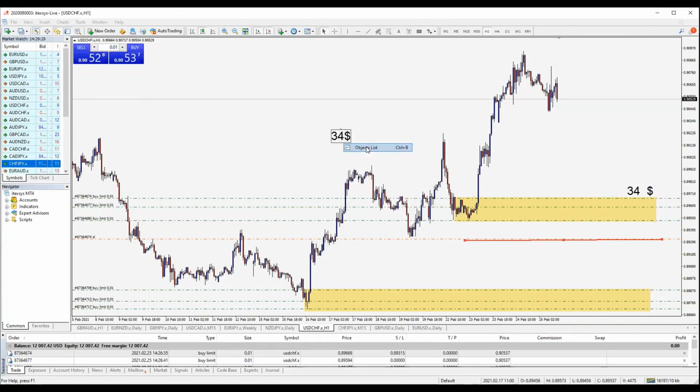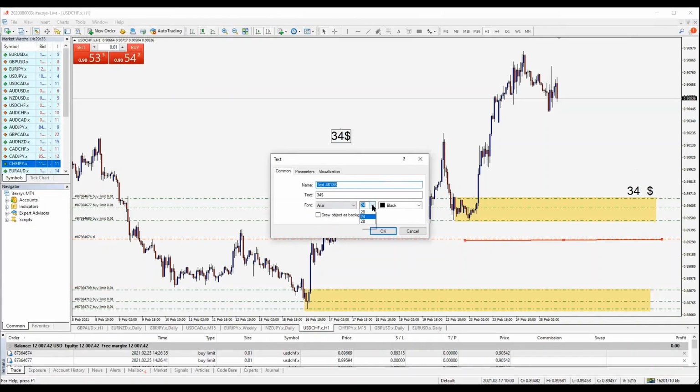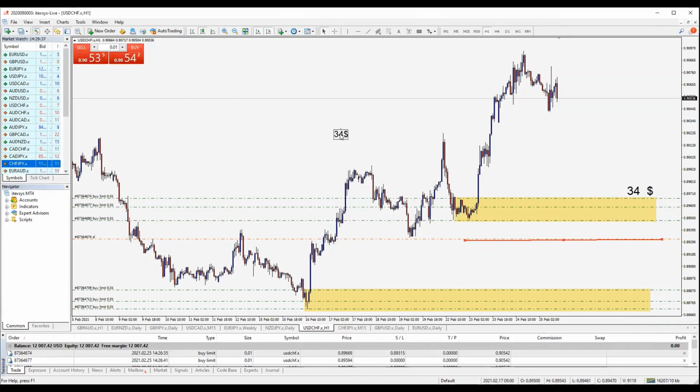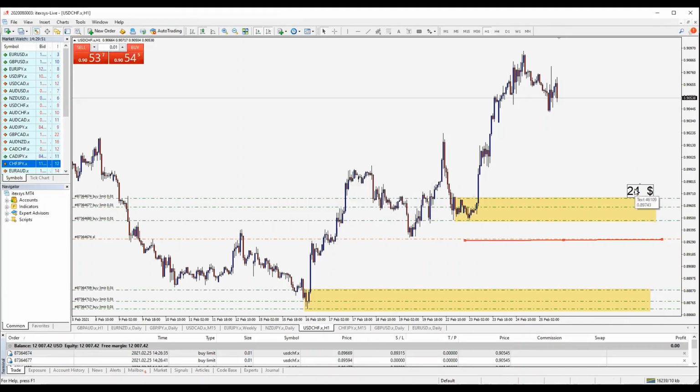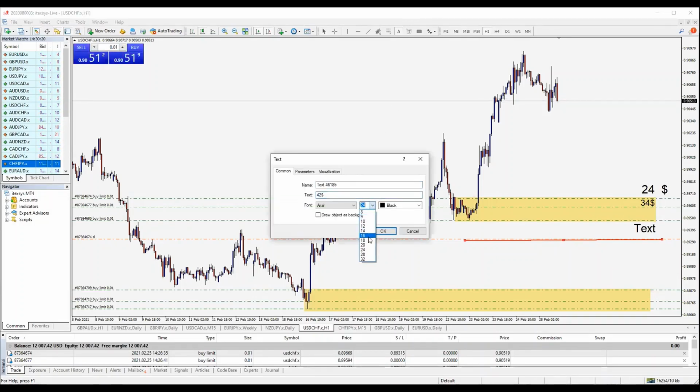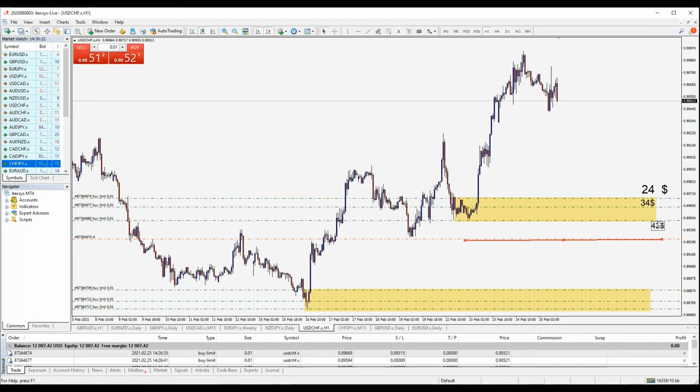Reduce the size. I'll do this 24. And the last one will be a $42 risk.